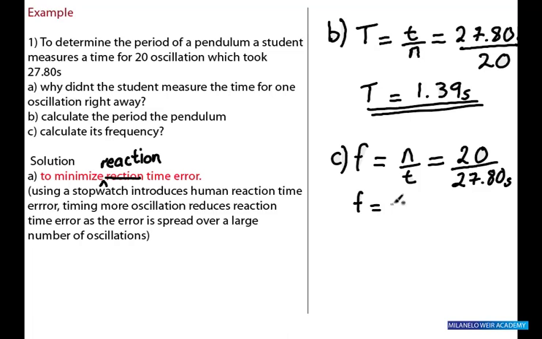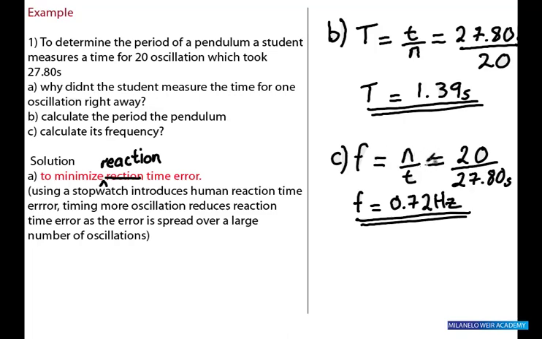F is equal to 0.72 hertz. It's in hertz, right? So that's the frequency. Also we can determine frequency from period. As you can see, T for period is equal to time divided by number of oscillations.